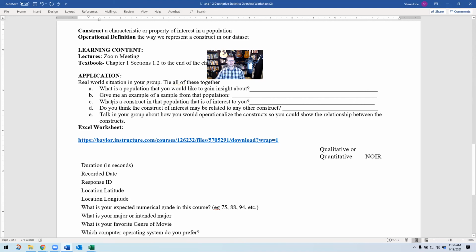And then what is a construct from that population of interest? So we're looking at the footballs, and the construct would, I guess, be, this one's a little bit more difficult because we're looking at footballs. I wasn't thinking this all the way through, but the construct would be firmness, I guess.